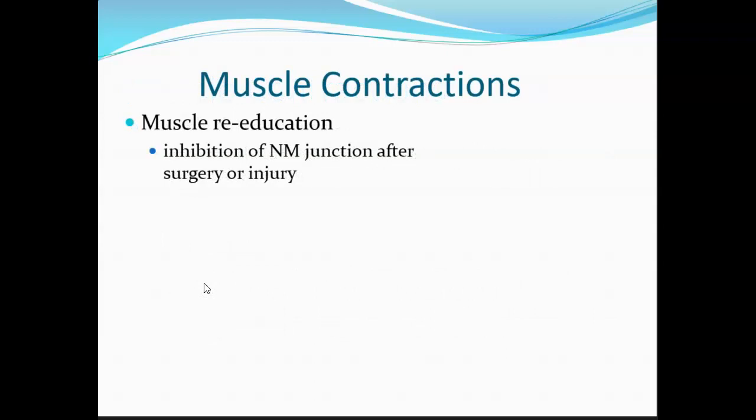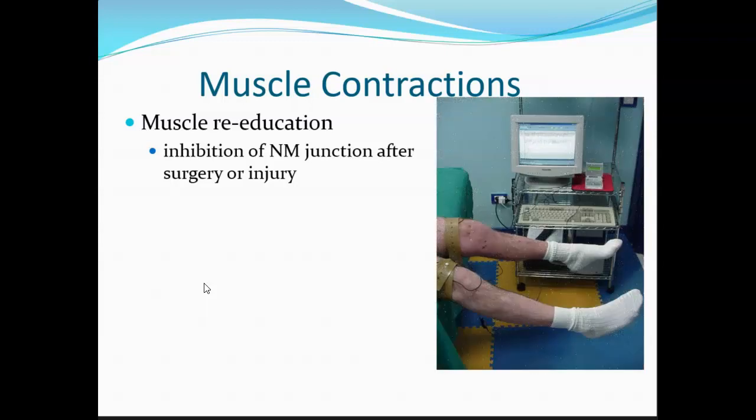Now, how are we going to use these muscle contractions? We've seen in our clinic, we have done this from time to time. Muscle re-education is a common clinical goal or use for electrical stimulating currents. You have an injury, you have neural inhibition.